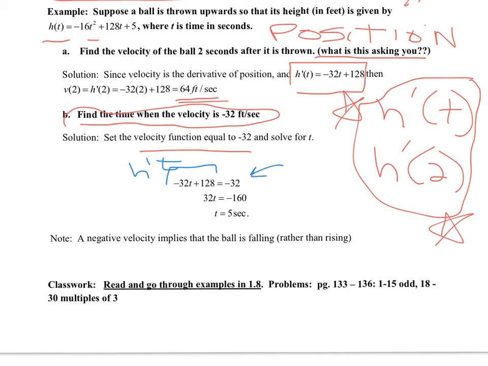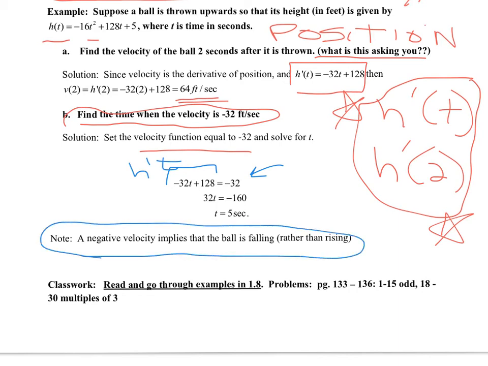So we're going to do more problems like this, but what you should notice is if you have negative velocity, what does that mean? That means that the ball is falling rather than rising. So what did this whole function look like? Well, look at our original equation, and it's going to look like a parabola. It starts at 5 feet, it comes up, it comes down. Clearly you can see that the velocity or the slope is positive.